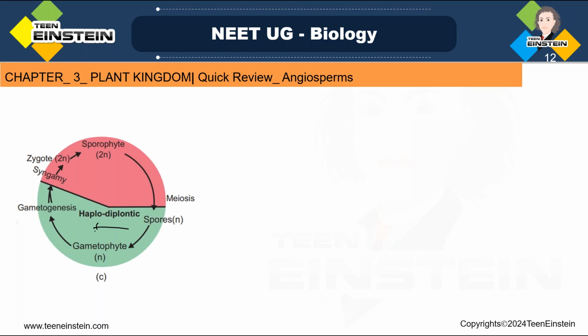So here bryophytes and pteridophytes are showing this pattern. See, in bryophytes, the dominant phase is gametophyte, and that is alternating with the short living sporophyte. In pteridophytes, the dominant phase is sporophyte, and that is alternating with the short-lived haploid gametophyte.